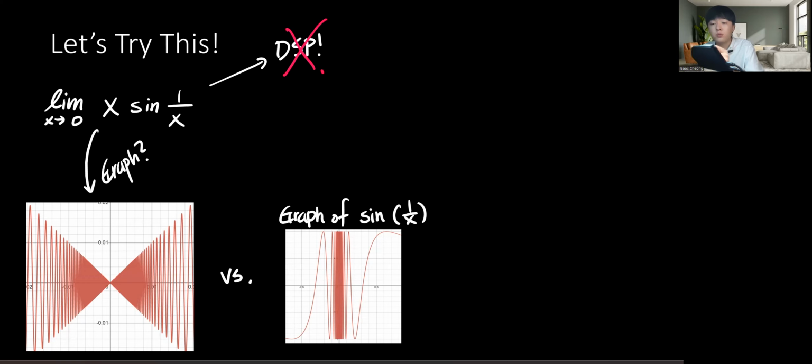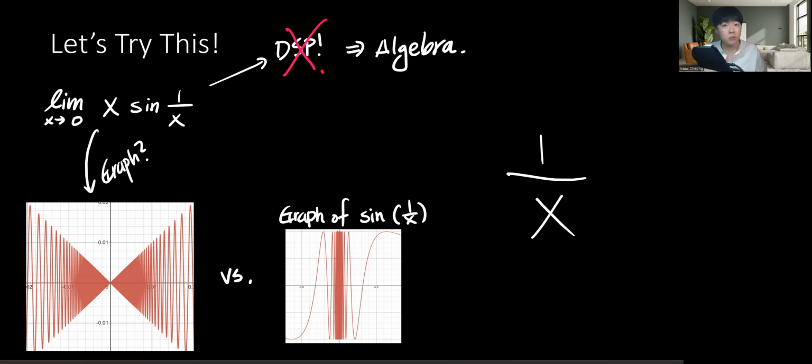If DSP doesn't work, we can use algebra to simplify so that 0 can go inside the domain. However, there's no way to simplify 1 over x. This is already a prime expression, which means it cannot be simplified. So for this case, we can't use algebra. So algebra is cut.